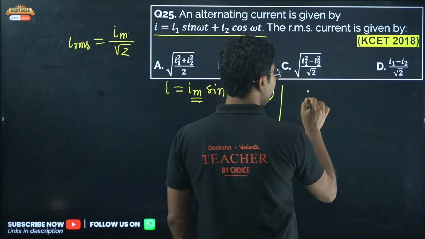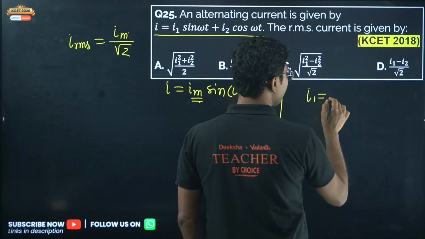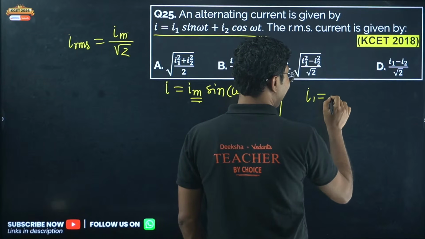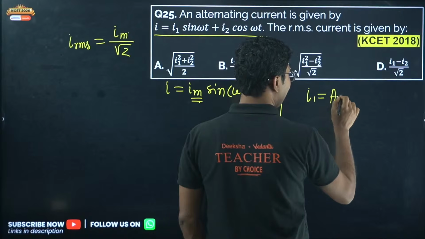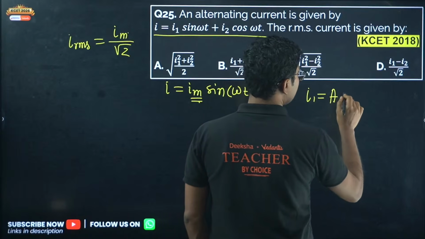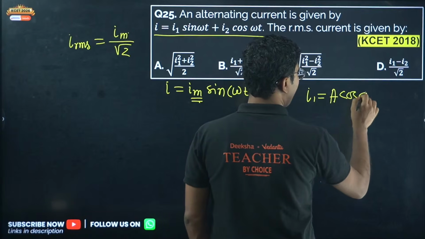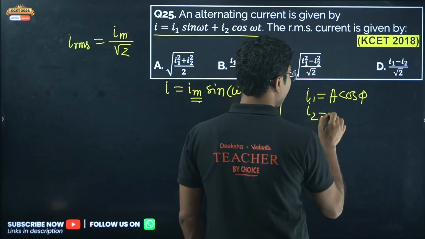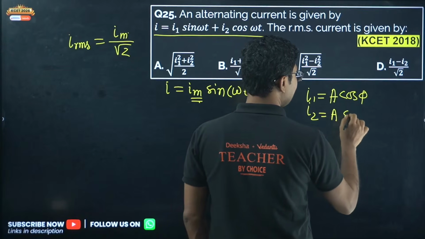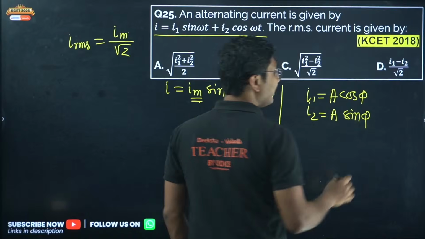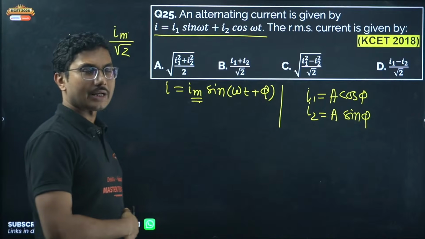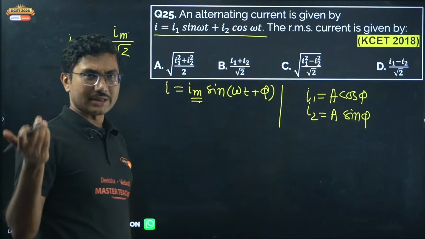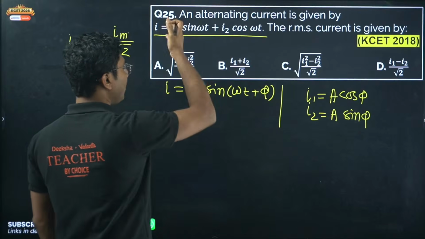What substitution will we be using? I1 equals A cos phi and I2 equals A sin phi. We use this kind of substitution all the time in mathematics, in integration and differentiation. The same formula we will be using over here.